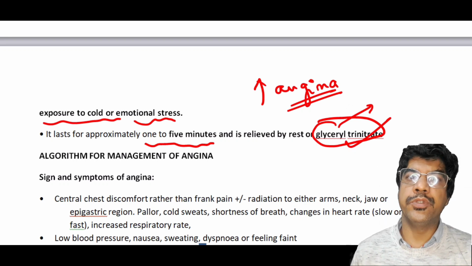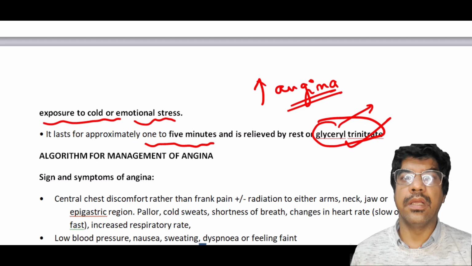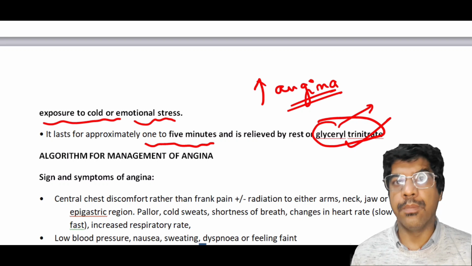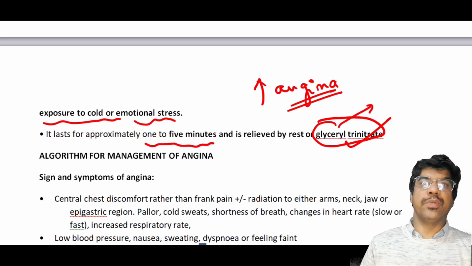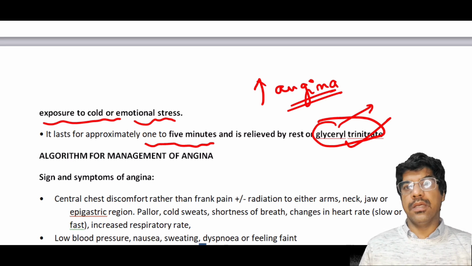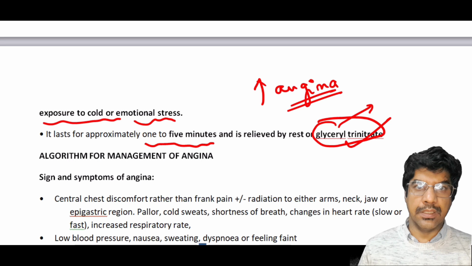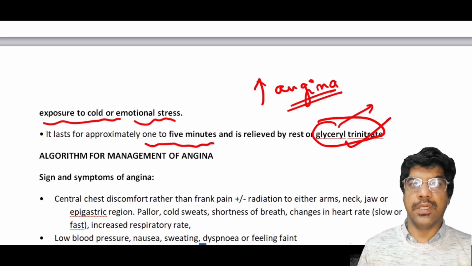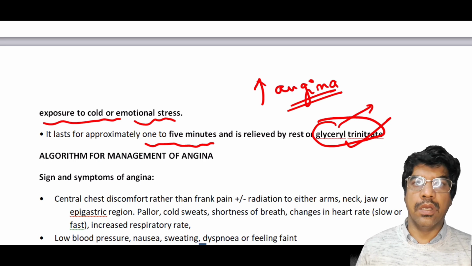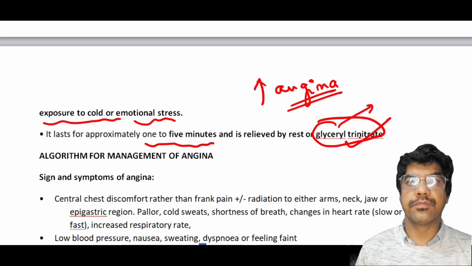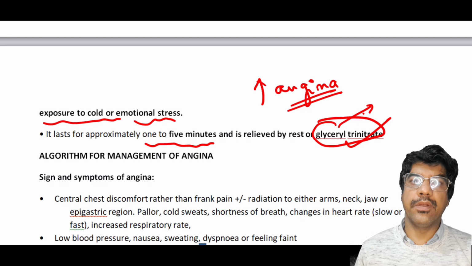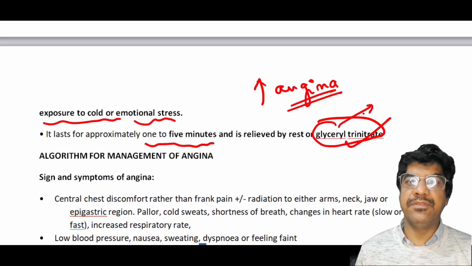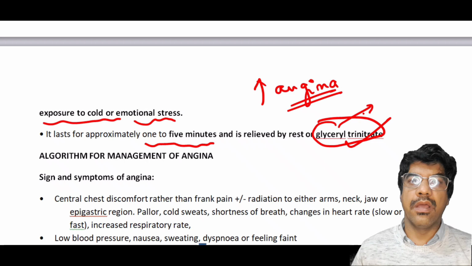During the procedure, you should monitor vital signs like heart rate, blood pressure, oxygen saturation. These are the important vital signs that you need to check regularly. Apart from that, be prepared to initiate basic life support measures if required.